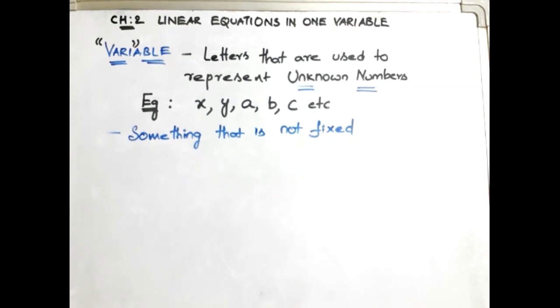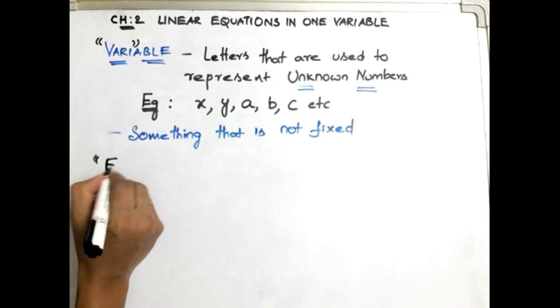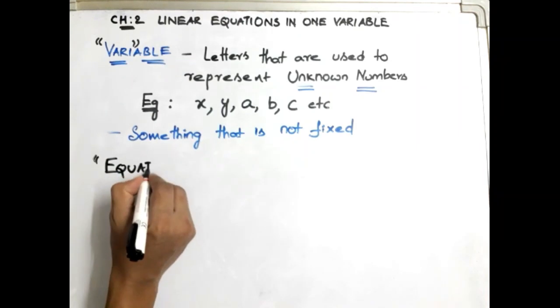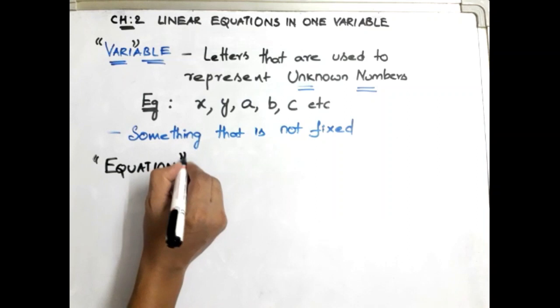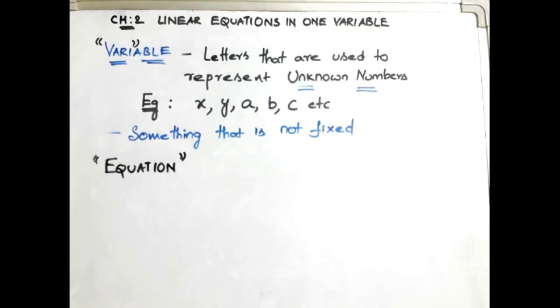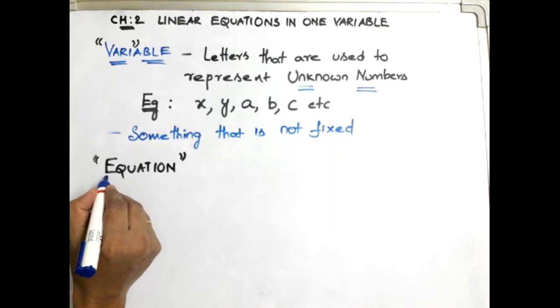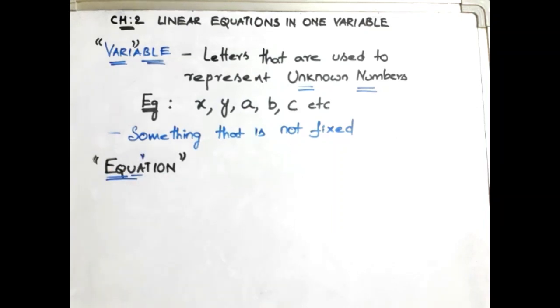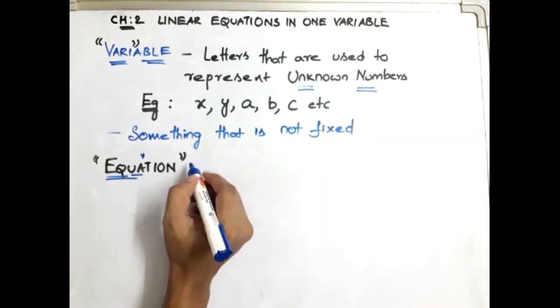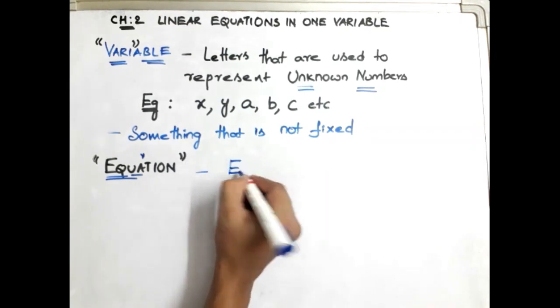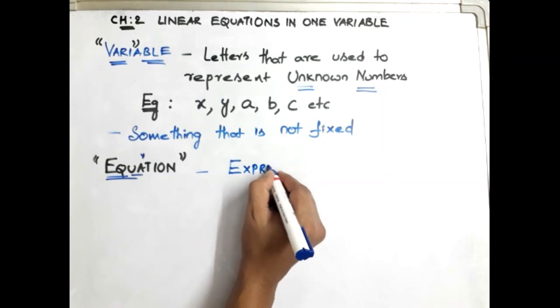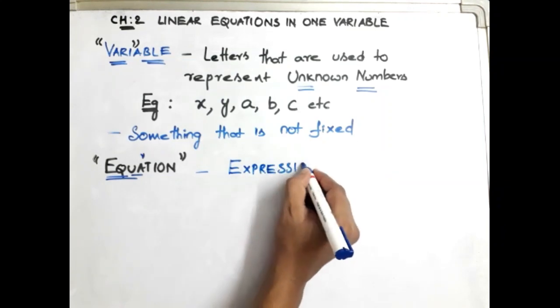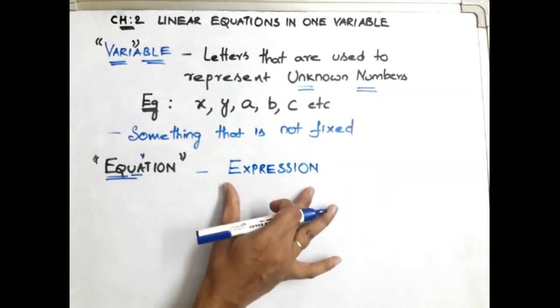Now let us move to the next word of the title, equation. If you observe this term equation clearly, you can see the term equa. It is something which is related to equality. But before understanding equation, you need to understand another term, that is expression. I will explain this expression.